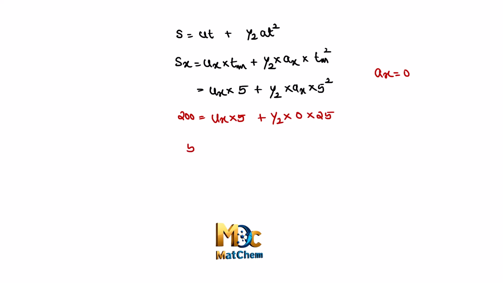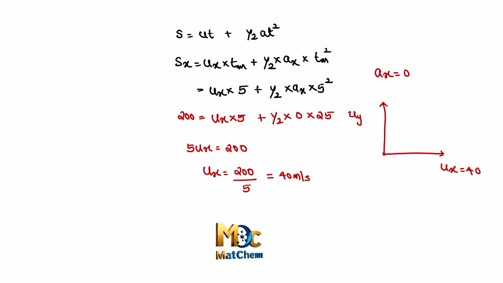So that is 5 ux equal to 200. That is ux equal to 200 divided by 5, which is 40 meters per second. So we got the velocity component along the x-axis, ux equal to 40, and along the y-axis, uy equal to 25.